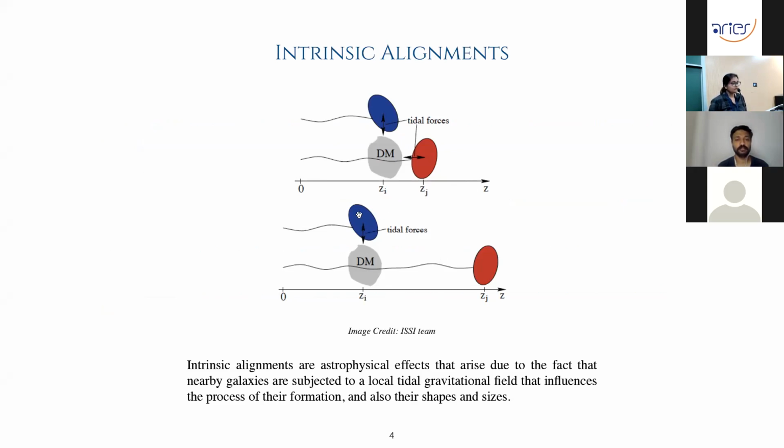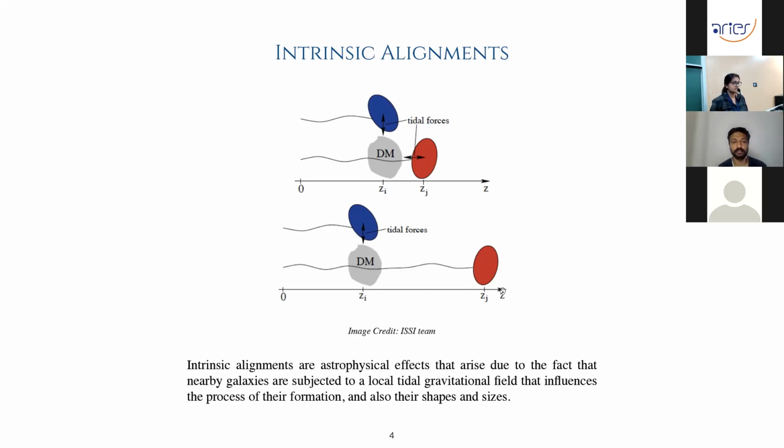Now, if we have galaxies close to the dark matter distribution, as you can see here, the blue ellipse, they undergo some tidal distortion, or they are in the vicinity of tidal forces that arise due to the presence of the dark matter distribution. That will cause a certain kind of alignment of the galaxies in close proximity to the dark matter distribution, in comparison to this red ellipse, which is far away from this dark matter distribution and is undergoing the usual lensing effect.